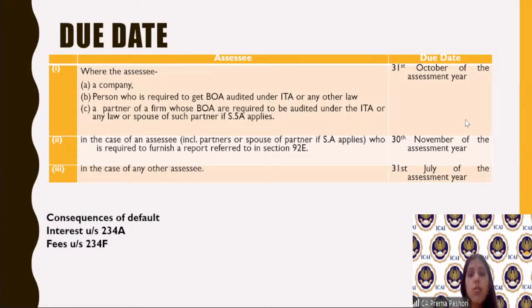So these are the consequences if you do not file your return of income within the due date specified under section 139(1). Is that clear? Any doubt till now?